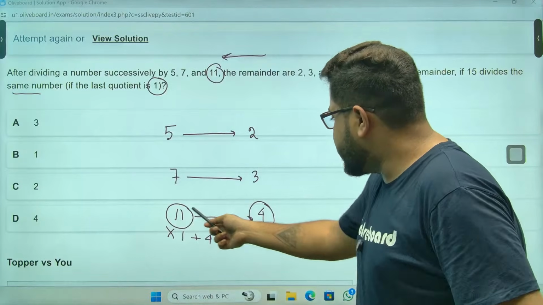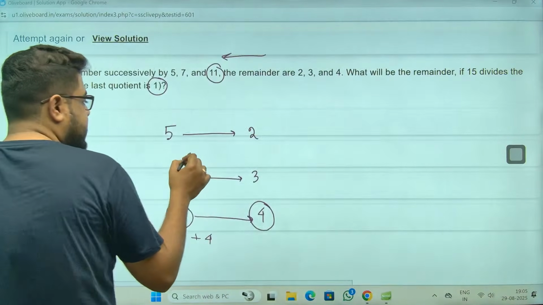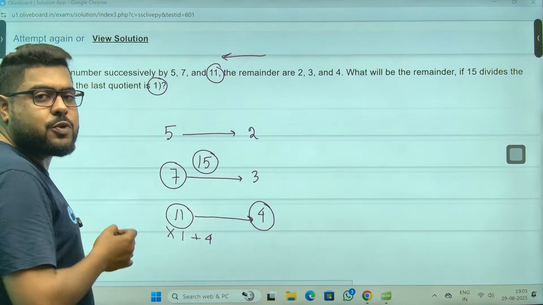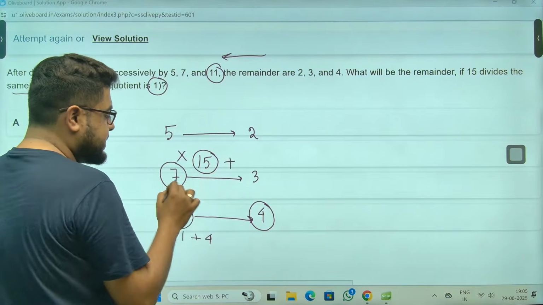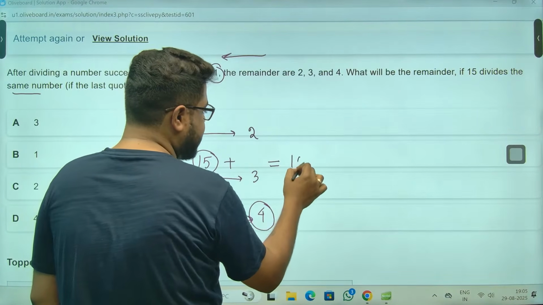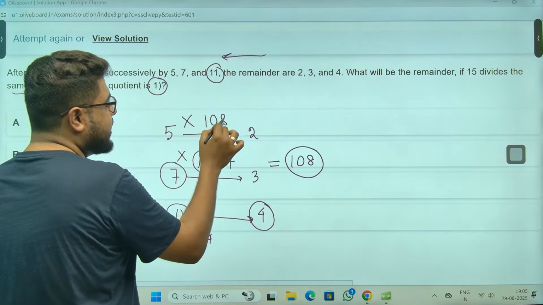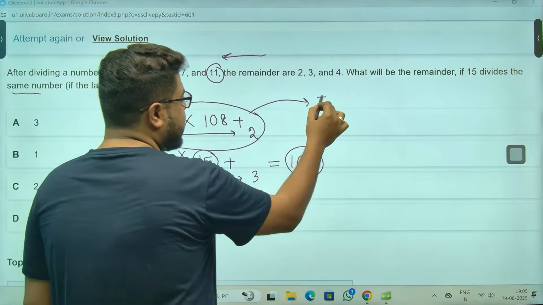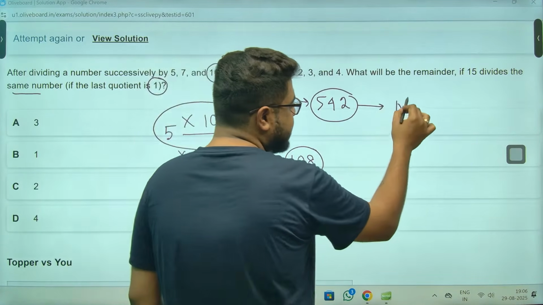So this is 11 plus 4, that is 15, the quotient. Next one will be 7 into 15 plus 3, so this is 105, 108. The next number will be 5 into 108, 540, plus 2, 542. This is the number.